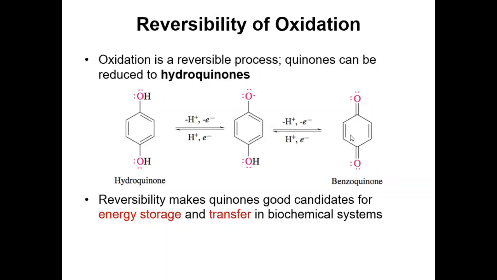Basically, if you have this 1,2- or 1,4-benzenediol, it has a capacity of giving up to 2 electrons. Okay? If it gives up 2 electrons, it becomes quinone. Give 1 electron, become this thing. Well, the intermediate is a free radical.